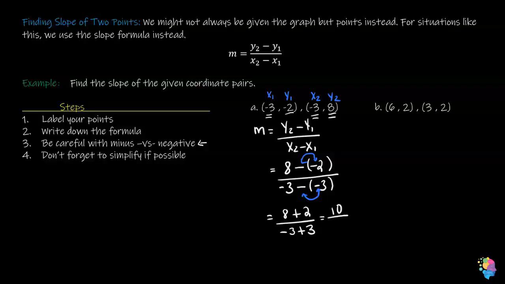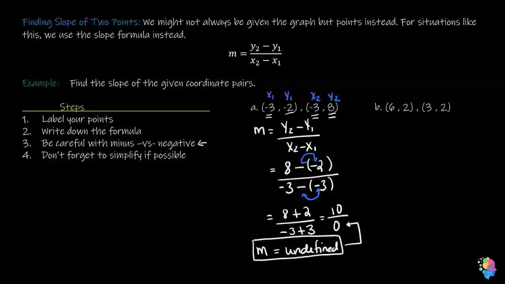And very carefully, minus 3 plus 3, since they have different signs, we subtract. So 3 minus 3 will be 0. Since we end up with a 0 in the denominator, that means that the slope for these particular 2 points is undefined. Remember, it's undefined because we end up with a 0 in the denominator.